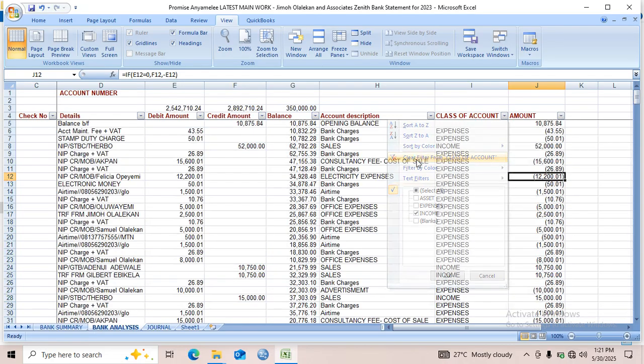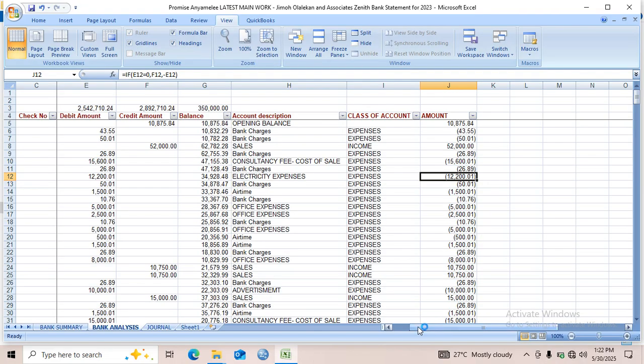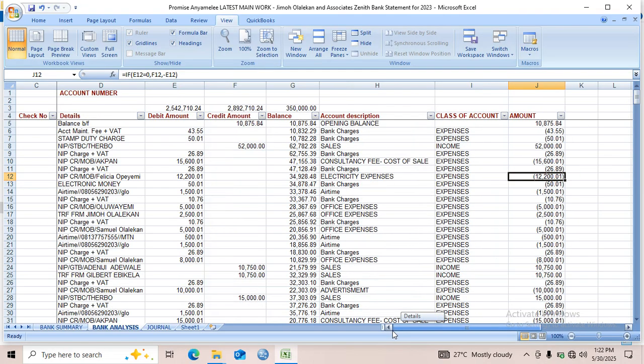Let's unfilter everything. So the next thing for us to do is to create a summary of all these things. And in order for us to create the summary, we need to use a pivot table to create a summary of everything.